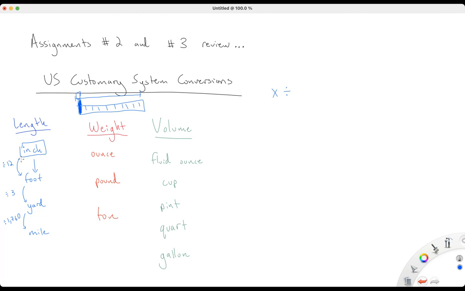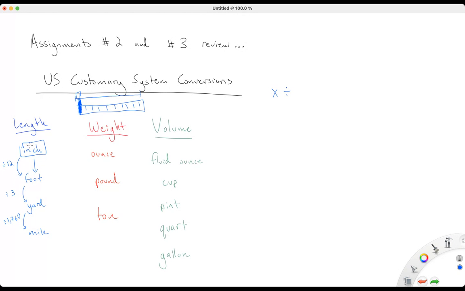We divide by the number of inches in a foot, and that is 12. Going down here, we divide by 3 because there are 3 feet in 1 yard. And then this one's a tricky one. It's not a common conversion that we see or use, but there are 1,760 yards in 1 mile.